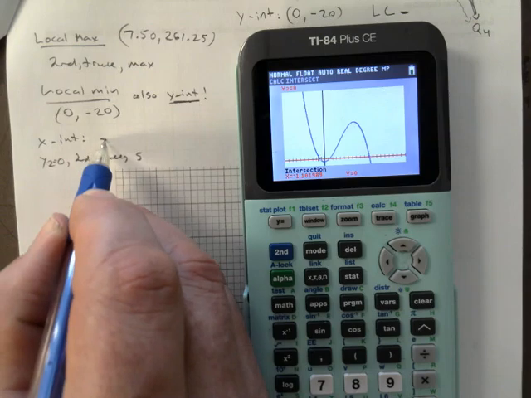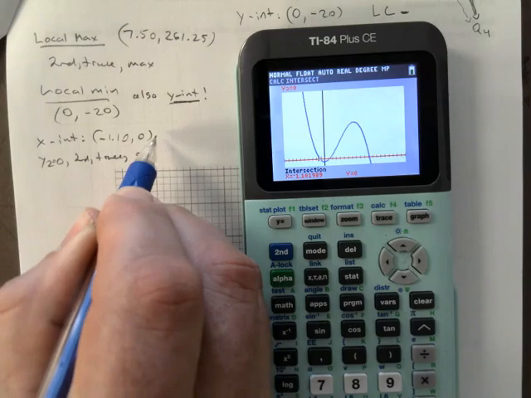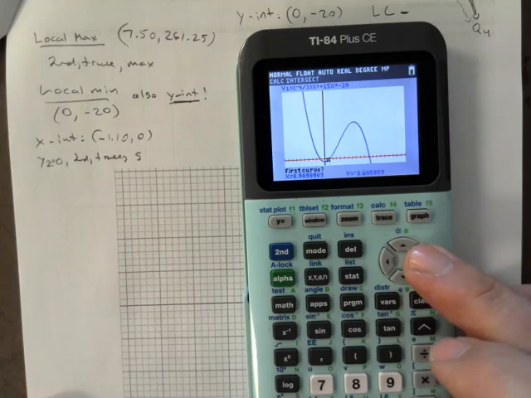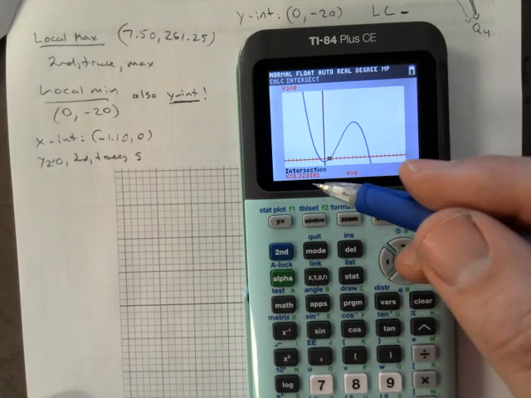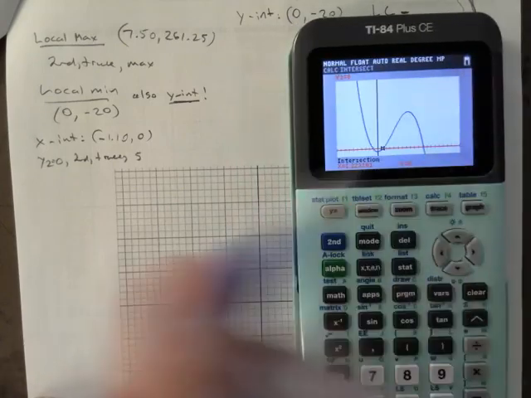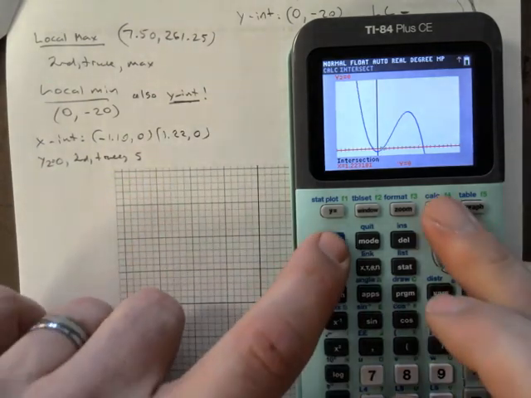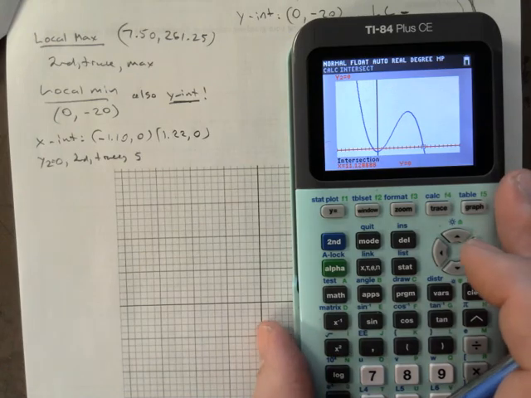The first one is negative 1.10, 0. The next one is just further to the right. That one is 1.22, positive, 0. Second trace 5. One more time. Enter, enter, enter. That's 11.13.